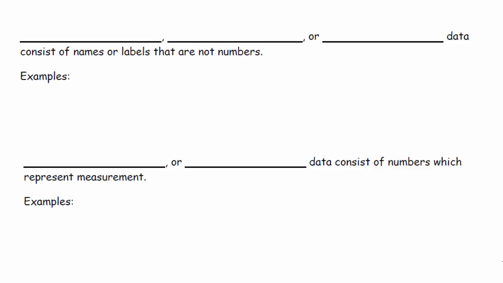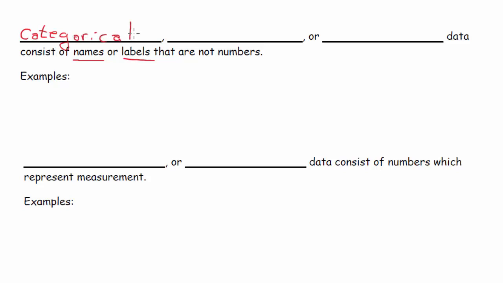in your note-taking guide. So the first classification of data is whether we have names or labels or whether we have numbers. So if we are interested in data that consists of names or labels, your book will refer to this a number of different ways. I will use mainly the term categorical.